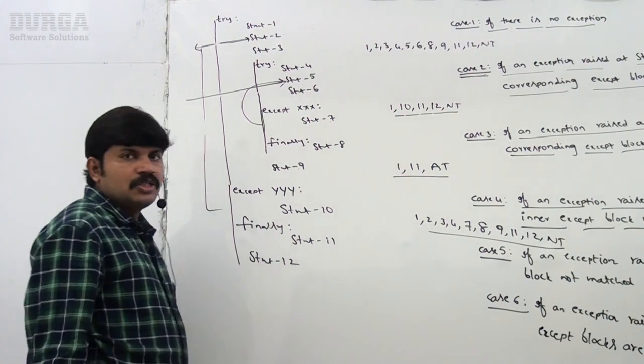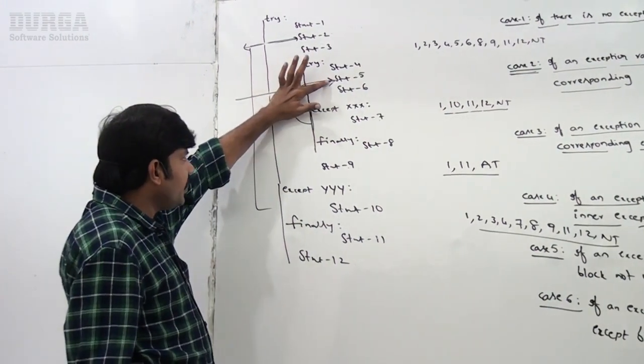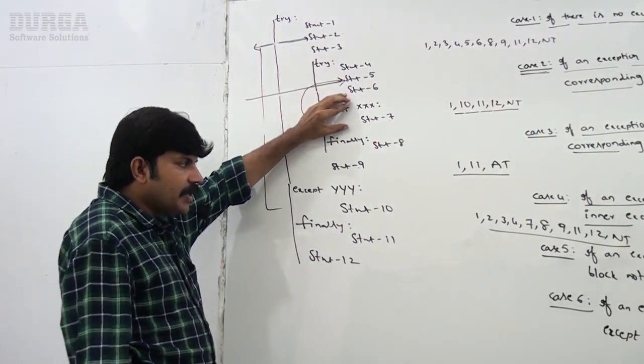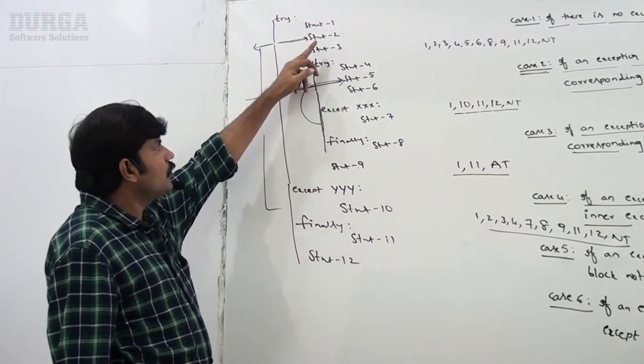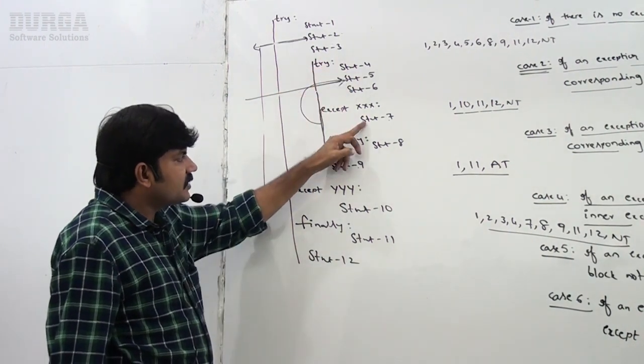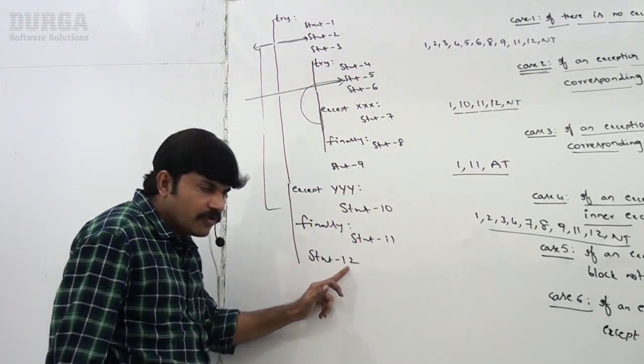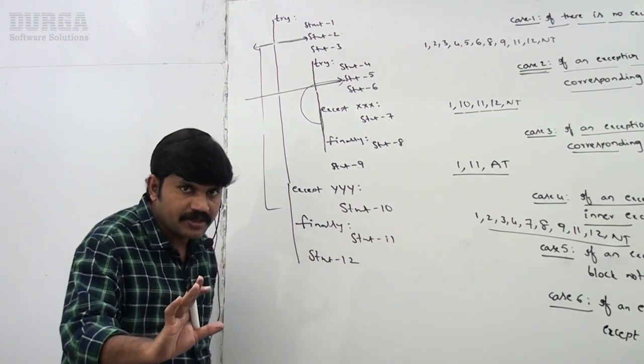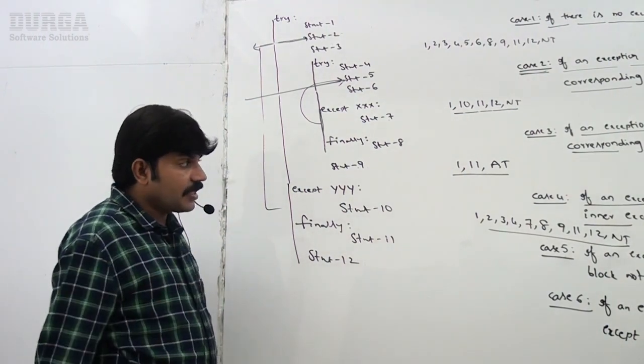Remember this one, sir. If an exception is raised at statement 5 and the inner except block matched, what is the flow? 1, 2, 3, 4, next 7, 8, 9, 11, 12, normal termination. Well, this is case 4.